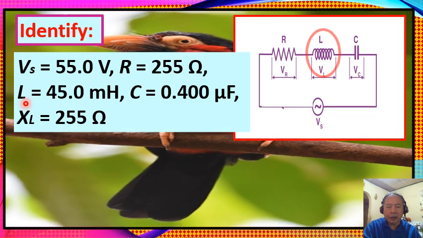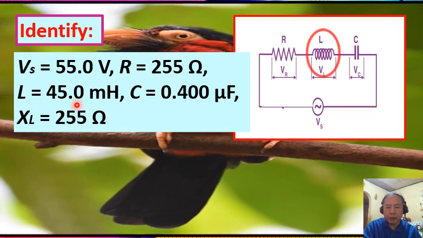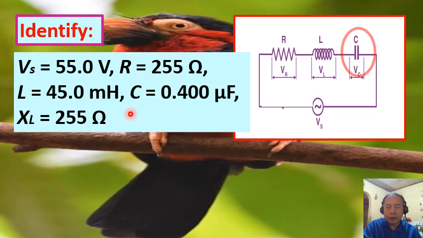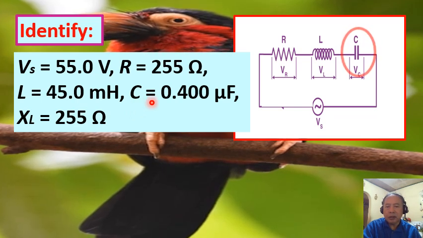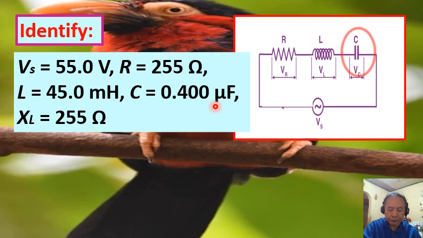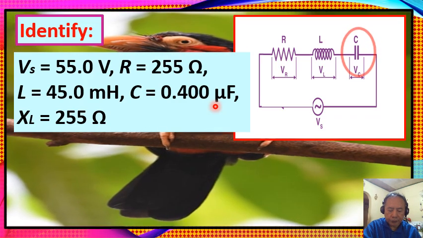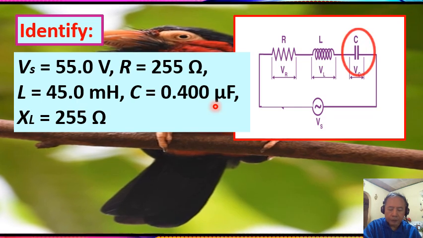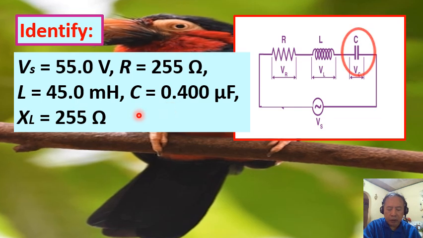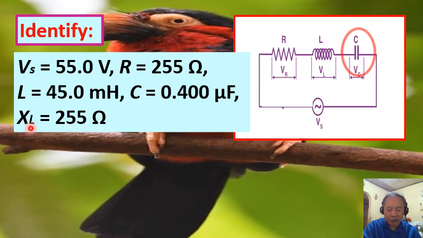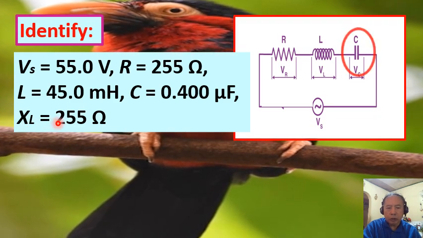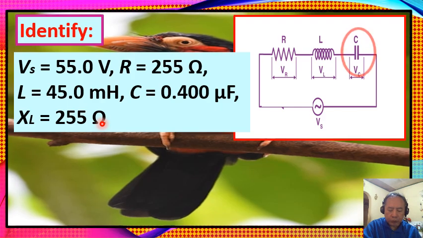The inductance capital L equals 45.0 millihenry. And the capacitance big C equals 0.400 microfarad. We're also given the inductive reactance, denoted by capital X of L, equal to 255 ohms.